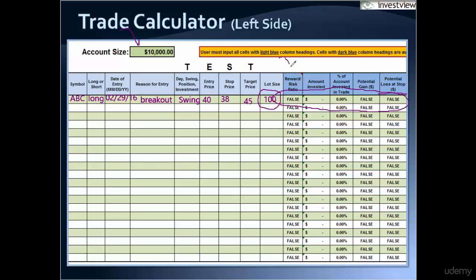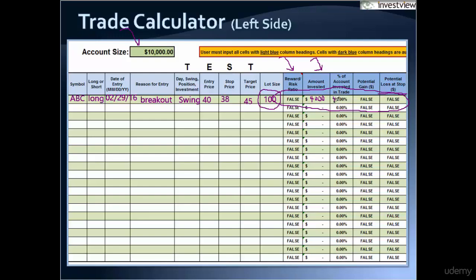It's going to tell you exactly what your reward to risk is and how much money you have invested, which in this case, if you bought 100 shares at 40, you'd have 4,000 invested. And then it would tell you, based on your 10,000 account size, that's 40% of your account.